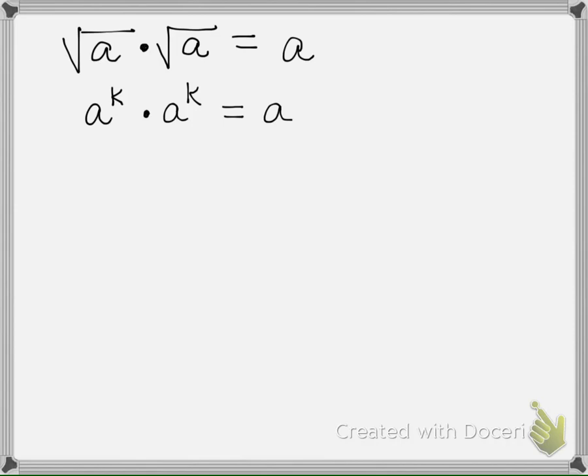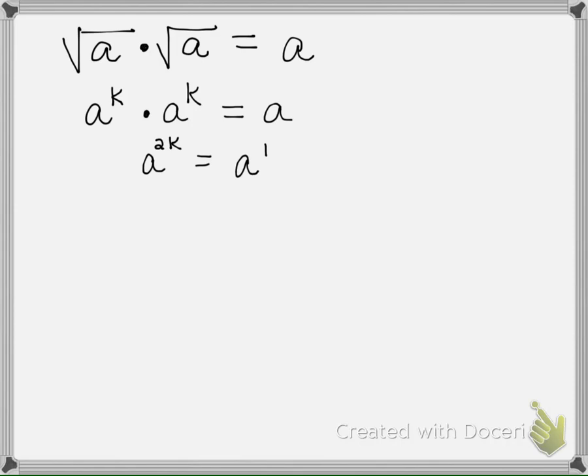Everybody agree that I add exponents? Okay, so what's k plus k? 2k, right? So that's a to the 2k power is equal to a. Well, what's the exponent of the a on the right side of the equal sign? 1? Yep.